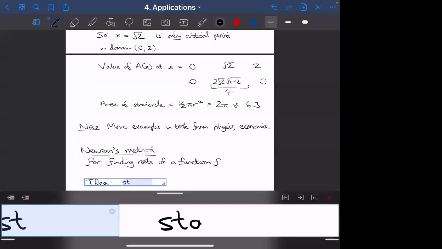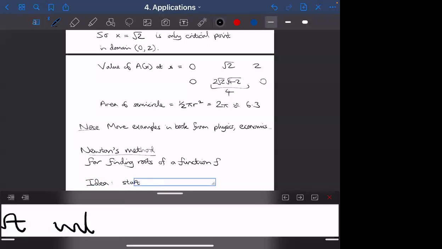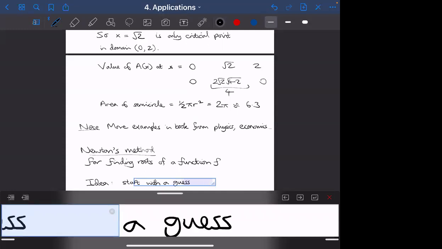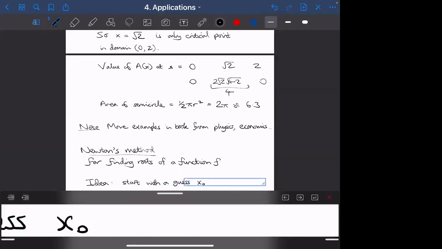Let's start with a guess, x0, for a root.